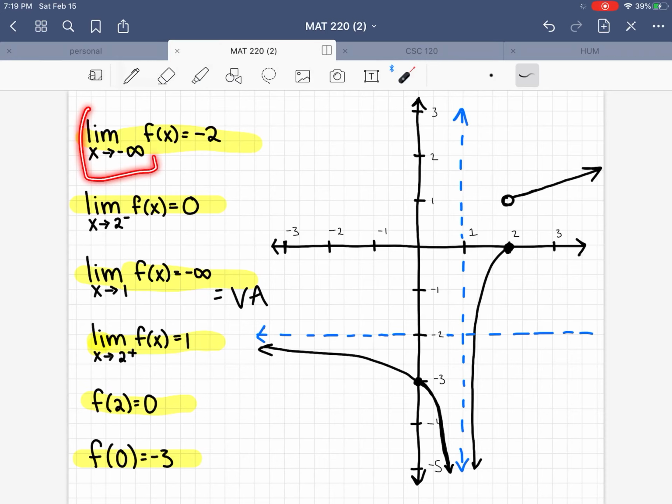So big things to remember is the difference between your limit as x approaches infinity or negative infinity, which tells you where your horizontal asymptotes are and tells you about the end behavior of your function, versus the limit at a number being equal to infinity or negative infinity, which tells you when you have a vertical asymptote.